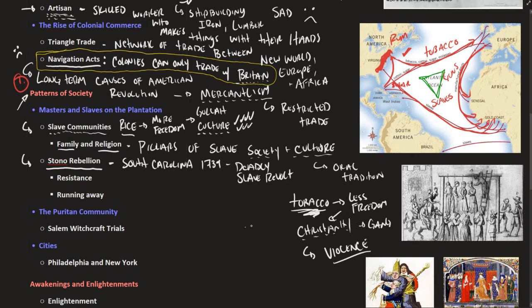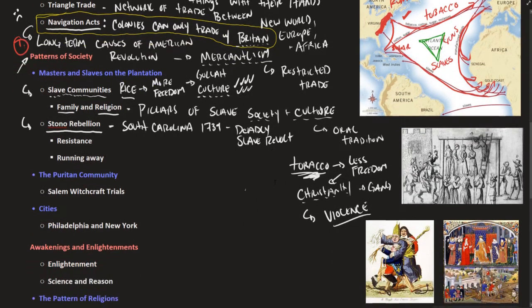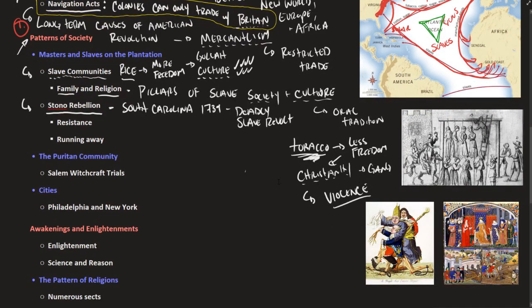Like most slave revolts and rebellions in the English colonies, it failed. Whereas you had, in some cases, I don't know if I'd say more successful revolts in other parts of the Atlantic world, but certainly you had more rebellions.